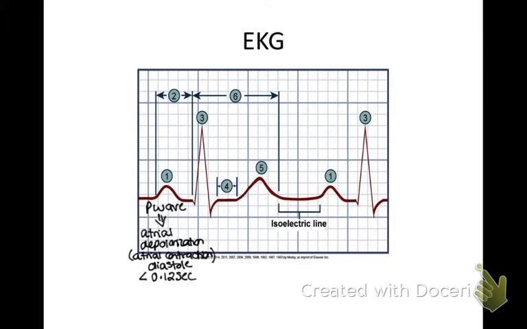Number two is the PR interval. So it is the entire impulse through the atrium. So it is from polarized to depolarization to repolarization. The reason we care about that is because if the SA node is conducting this electrical impulse, and it conducts it to start in the atrium, and all of a sudden a source from somewhere else tries to initiate an electrical impulse, the cells are already stimulated, right?